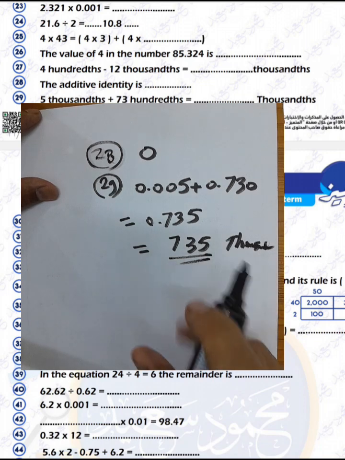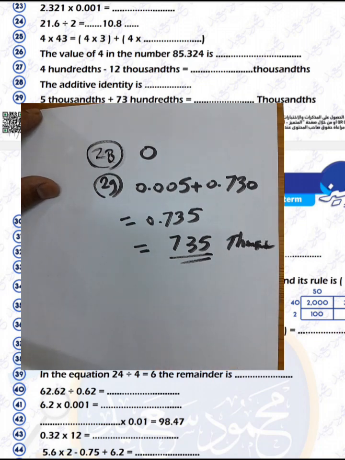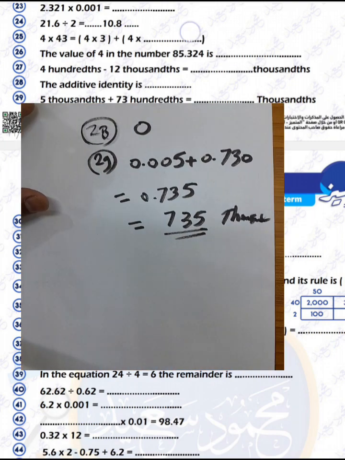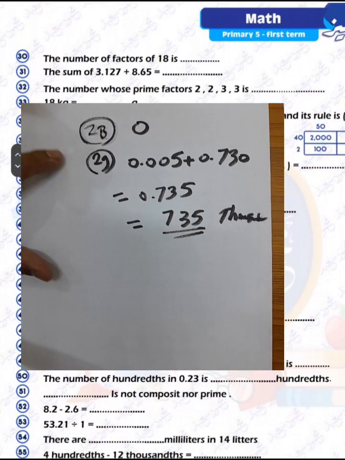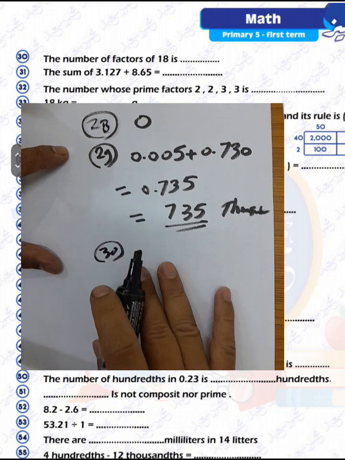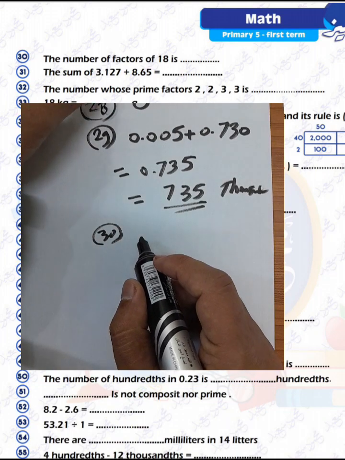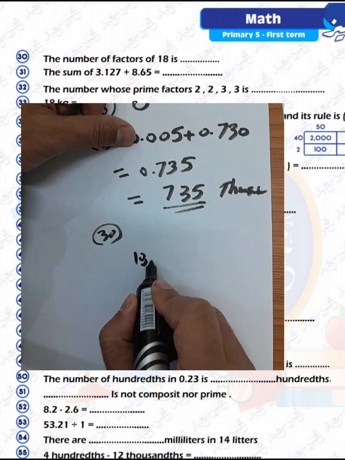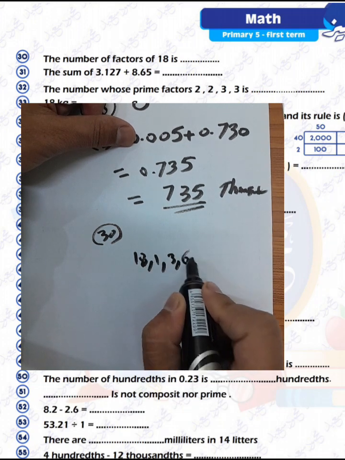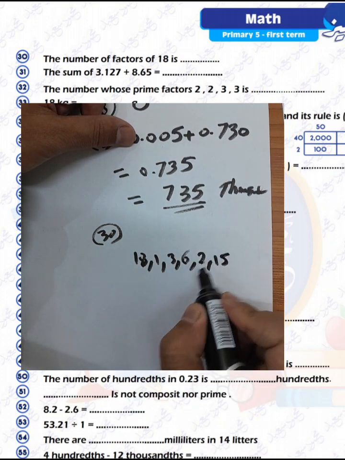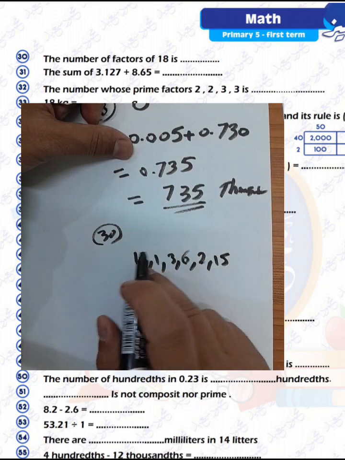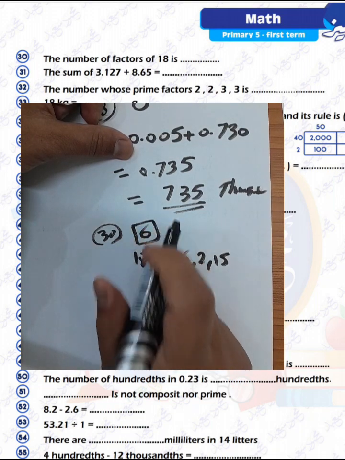Right here 735. Question 30. The number of factors of 18. How many factors of 18? We must count it. 18 times 1, 3 times 6 equals 18, and 2 times 9 equals 18. 1, 2, 3, 4, 5, 6. We have 6 factors.